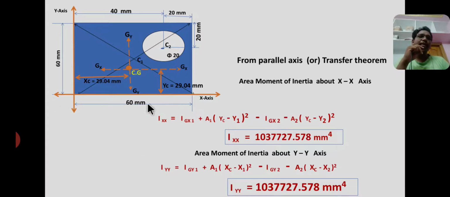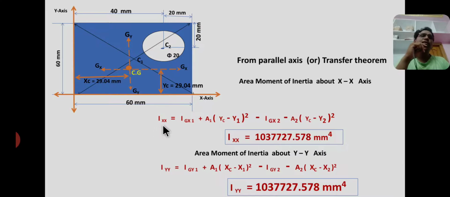This is the xx axis, this is the yy axis, this is the gx axis, this is the gy axis. The gx and gy axes are called centroidal axes, the xx and yy axes are called reference axes.